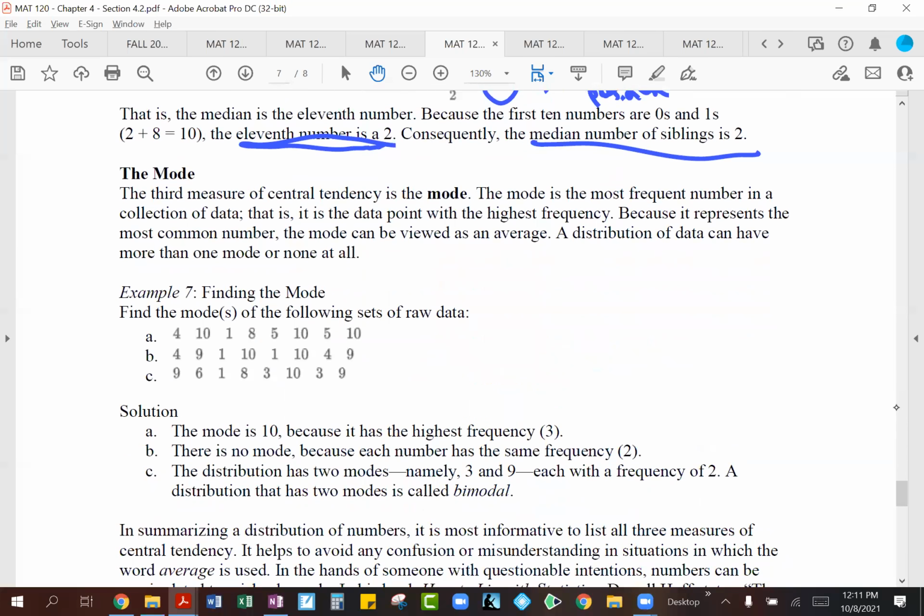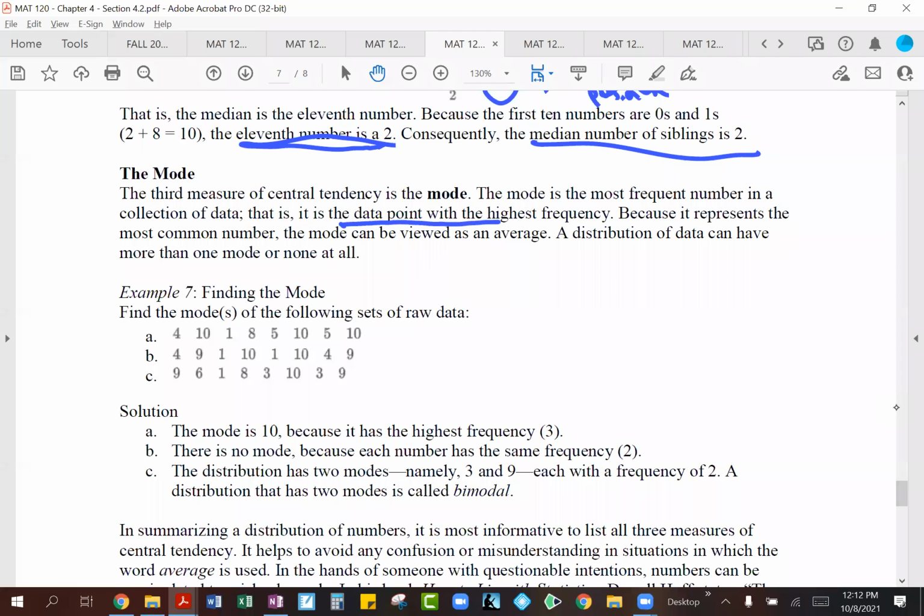Now the third one we are looking at is mode. And mode, as I was telling you before, is the most frequent value that occurs in your data set, the number that has the highest frequency, or what we sometimes in English call your most typical value. So again, it's based on which occurs the most often.